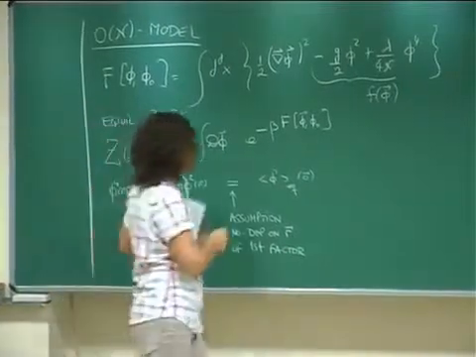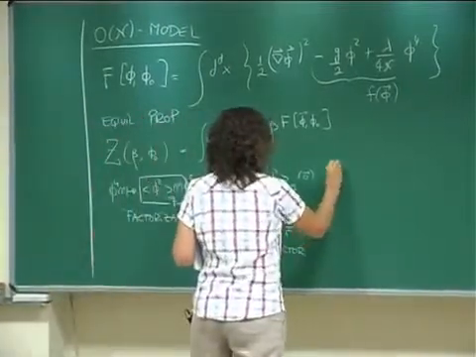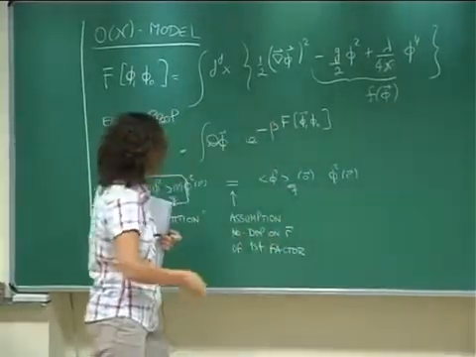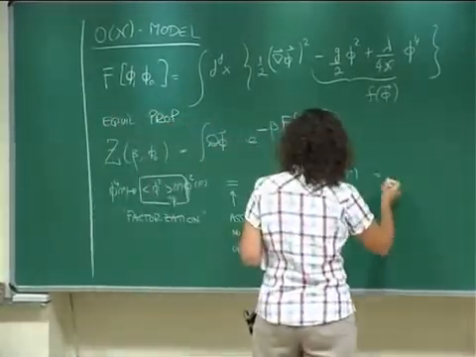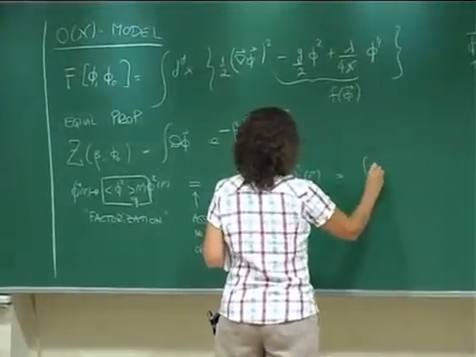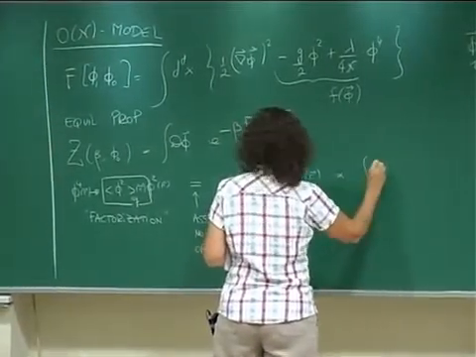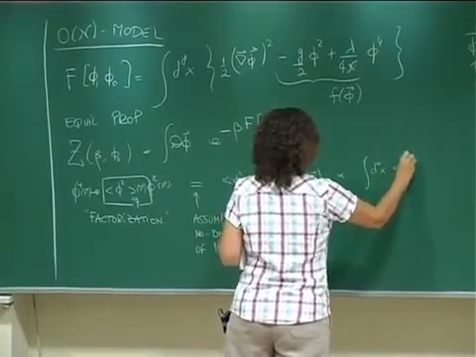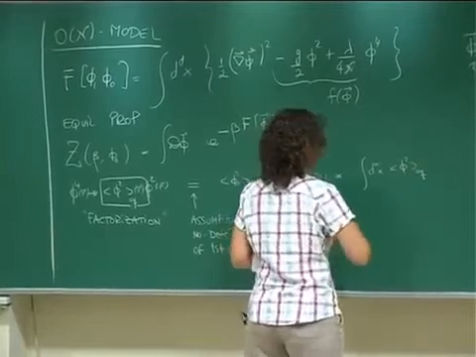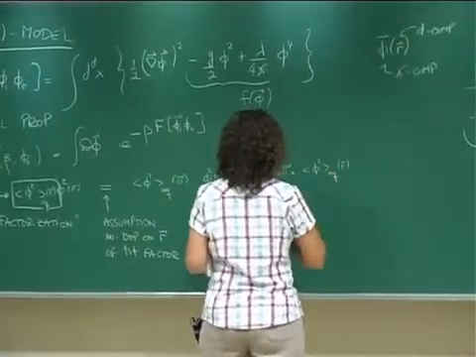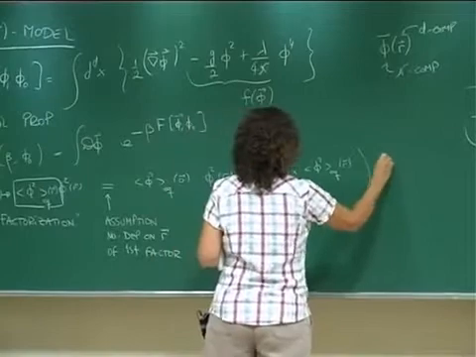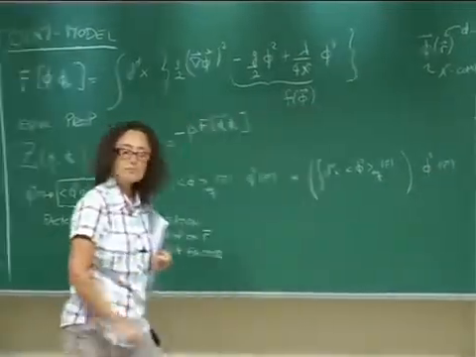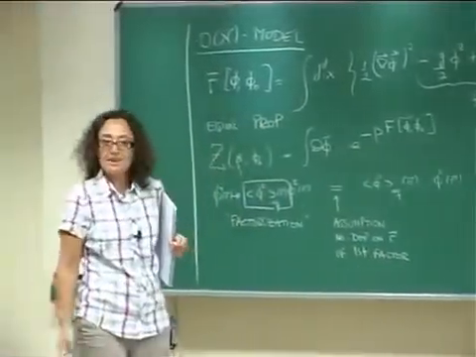It's a position like any other one. I have to keep the r dependence in the second factor. Or I can evaluate it on average over the space if I normalize correctly. So let me put it like this: the average of phi squared times phi squared of r. Or I can evaluate it in any other position.